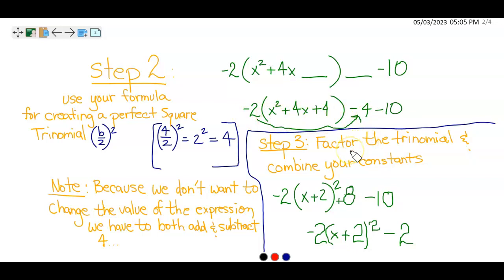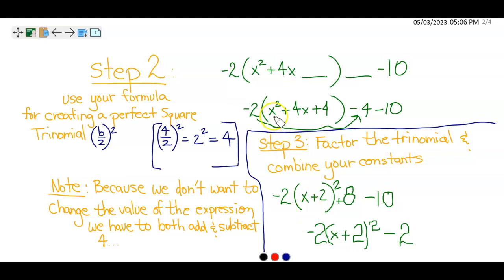And then last but not least, step 3, you factor the trinomial and then you combine your constants. So here we know that once we create a perfect square trinomial, that factors into the square of a binomial. It is a special product.